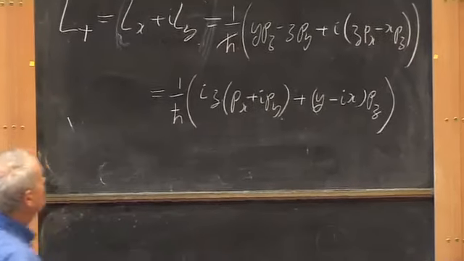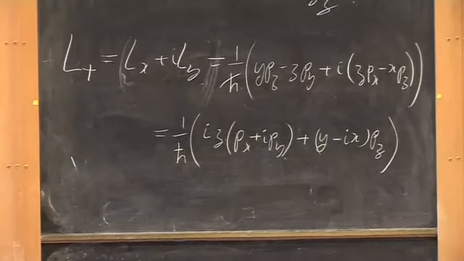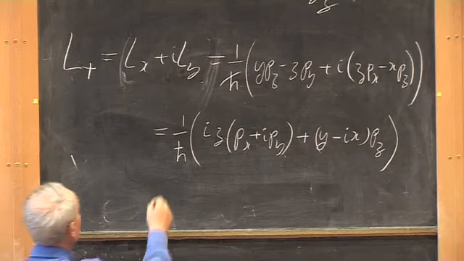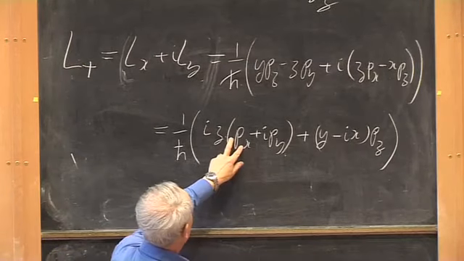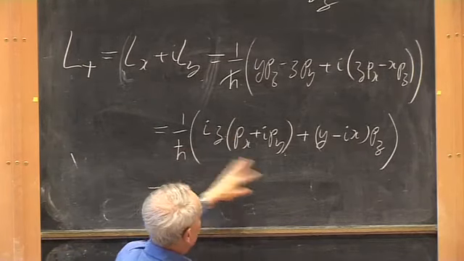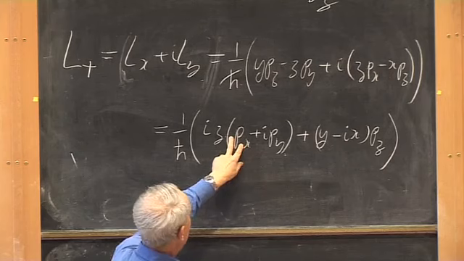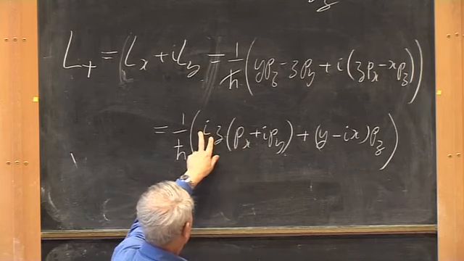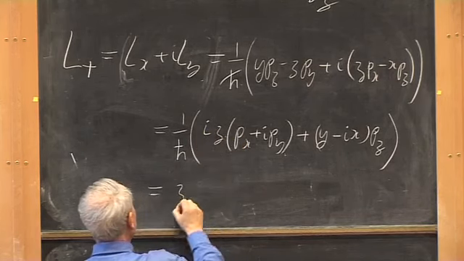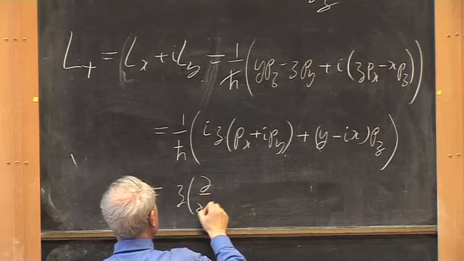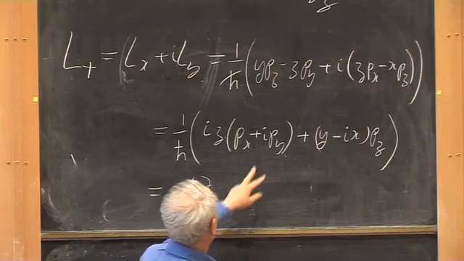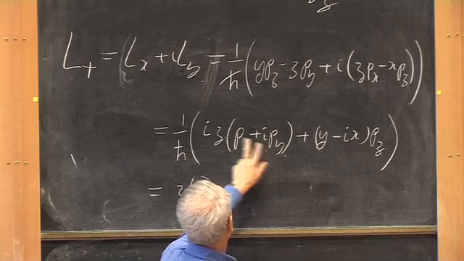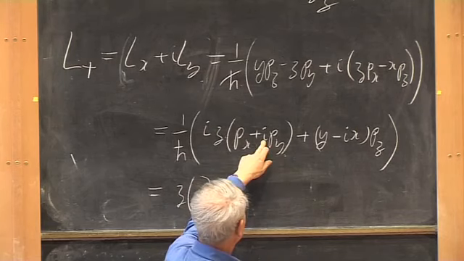Now we replace the p's by minus i h bar d by dx, etc. So the h bars are going to go throughout. From here we'll have a minus i times an i, which will give us a plus. So we'll have a z d by dx. Here we have two i's making a minus sign.